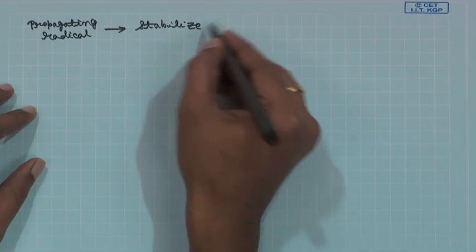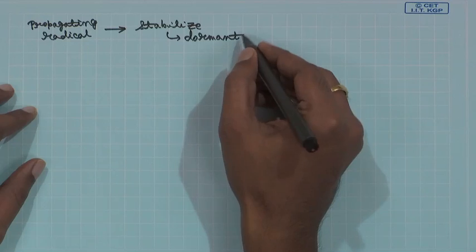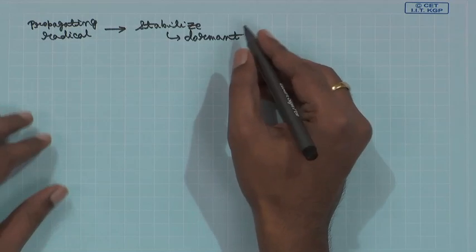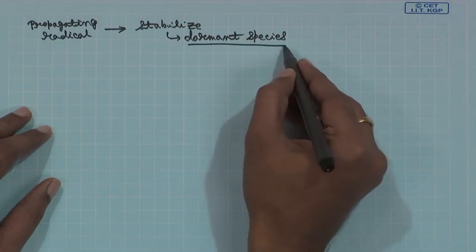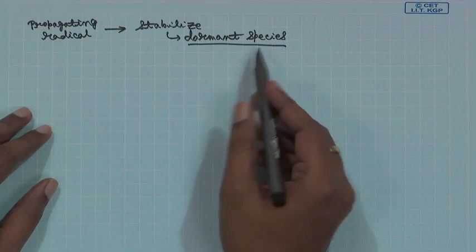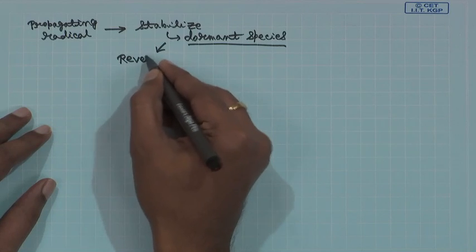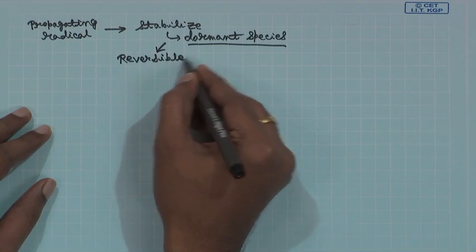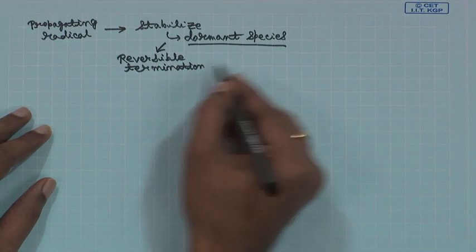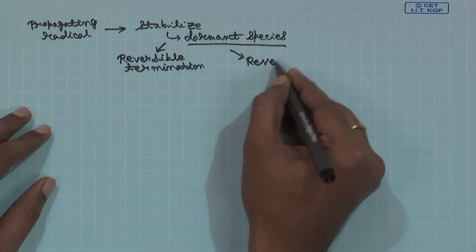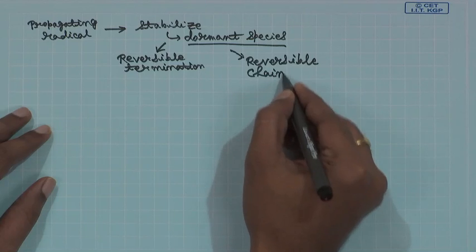So, you actually create a dormant species which will mask the radical, and the way you create this, there could be two pathways. One is reversible termination, and another pathway is reversible chain transfer.